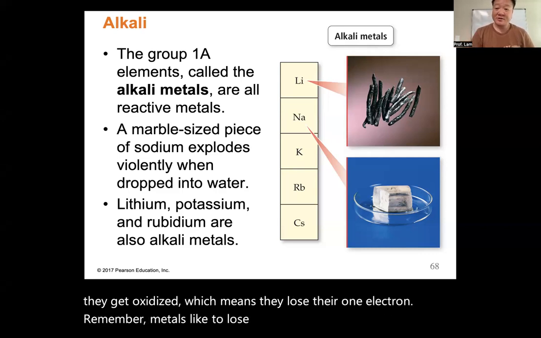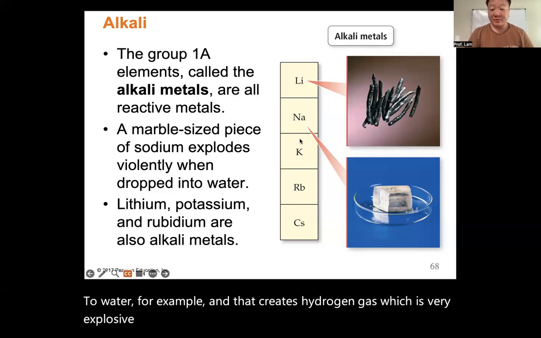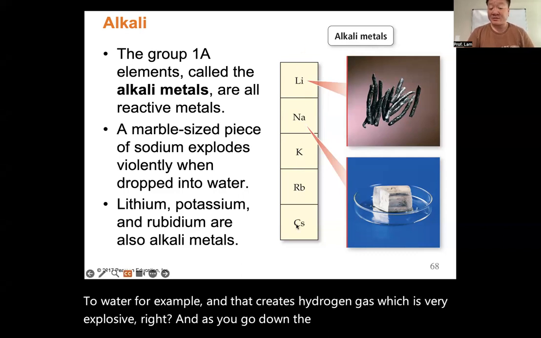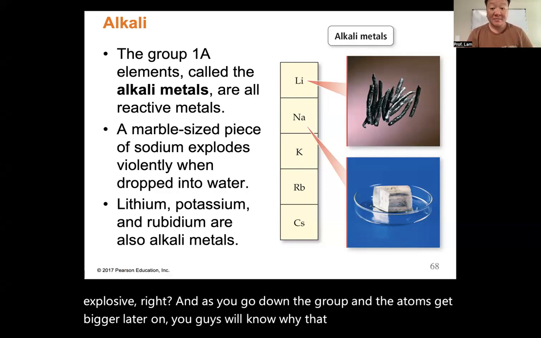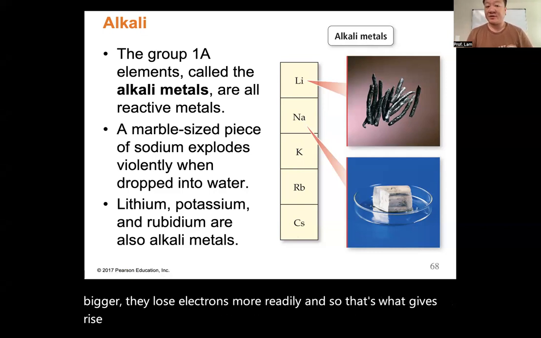So they like to lose their electrons to water, for example, and that creates hydrogen gas, which is very explosive, right? And as you go down the group and the atoms get bigger, later on you guys will know why that is, okay? But as they get bigger, they lose electrons more readily. And so that's what gives rise to the increase in activity of these alkali metals, right?